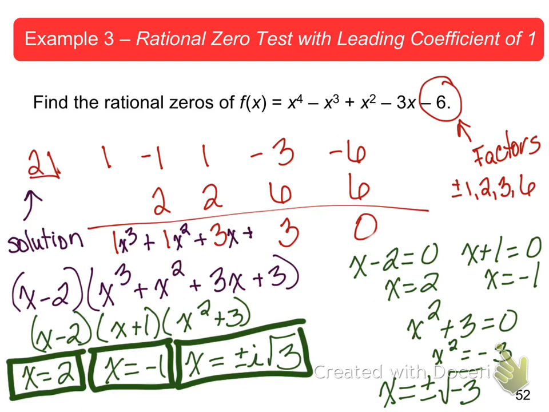Now, irrational numbers are real numbers, but they're not a rational number. An irrational number is like the square root of 2. There's no i in it, so this is real. You would see where it crosses the x-axis.